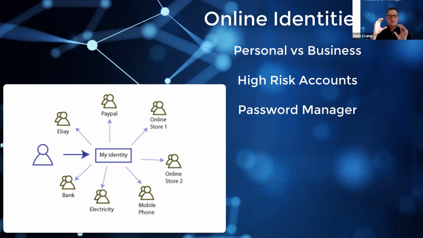So obviously the golden rule is the ones that are higher risk, you want to make sure you're more secure with, like your bank. And what I usually try to do is separate personal and business. So for example, if you're a business owner or you're a part of a business, make sure that password and email address even isn't then used for your Netflix account.